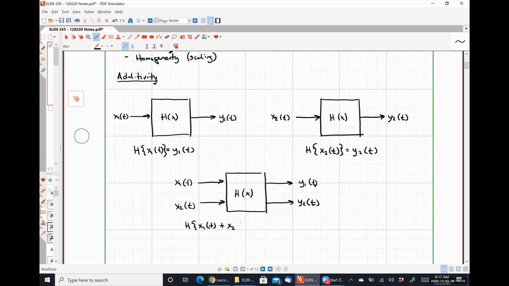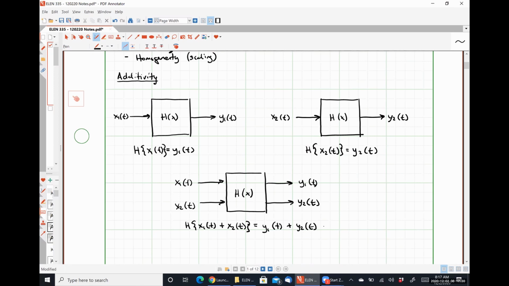If h of x acts on both inputs simultaneously, my output should simply be the sum of my outputs of each excitation function acting alone.